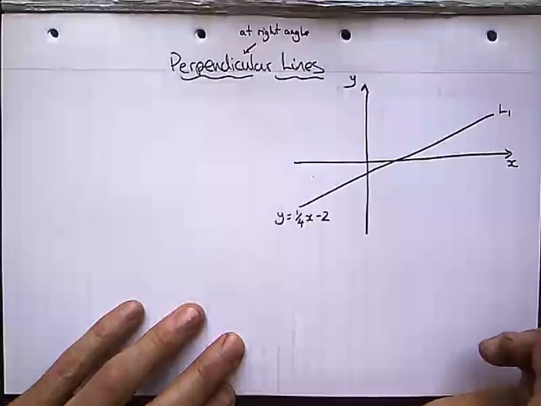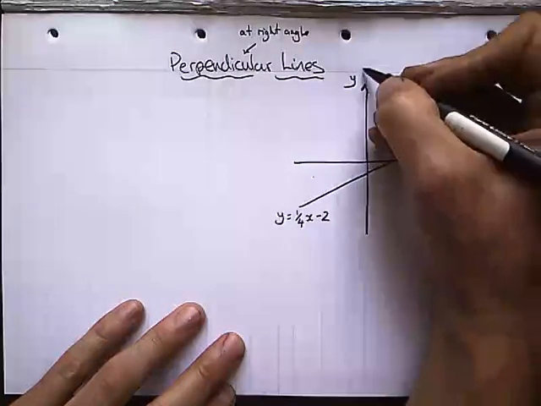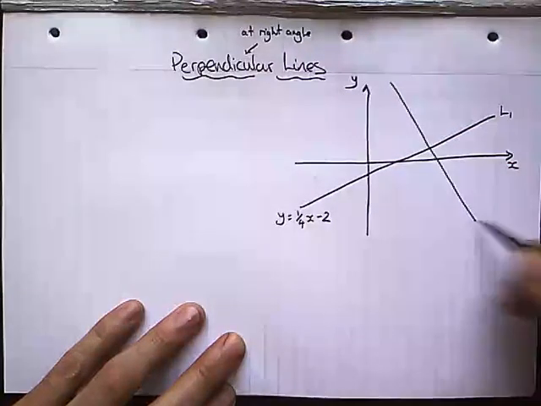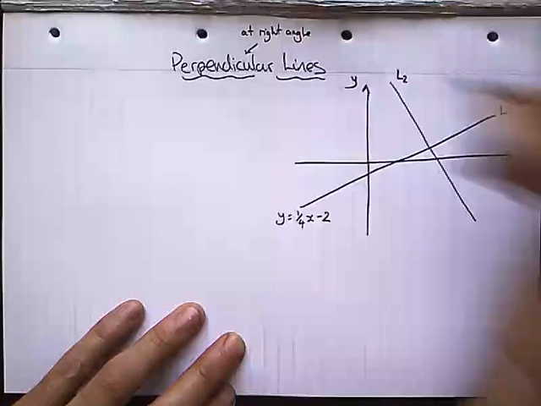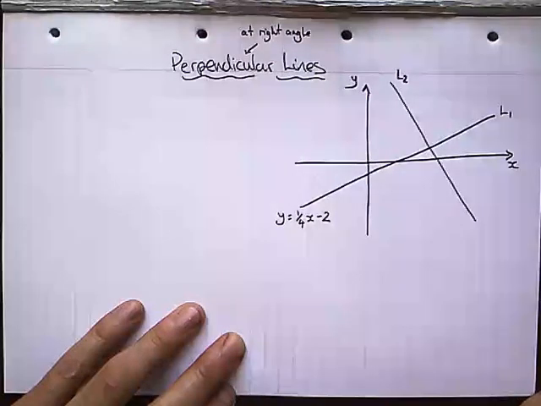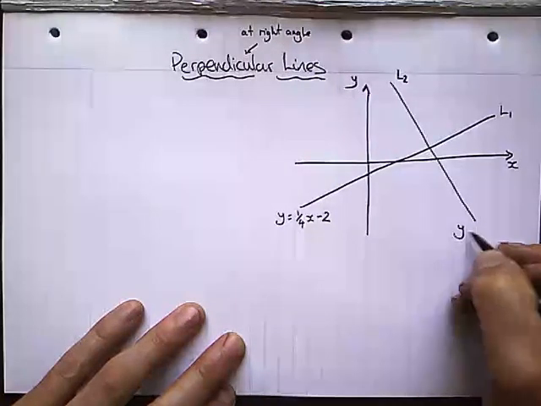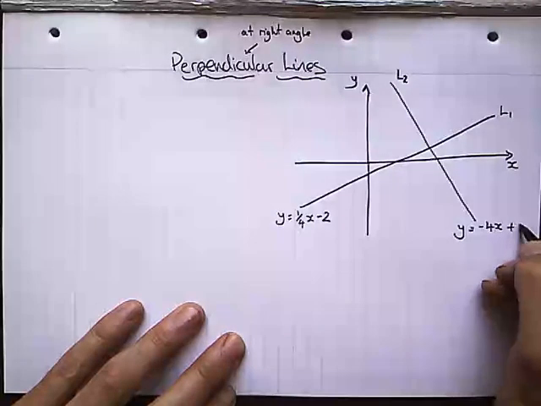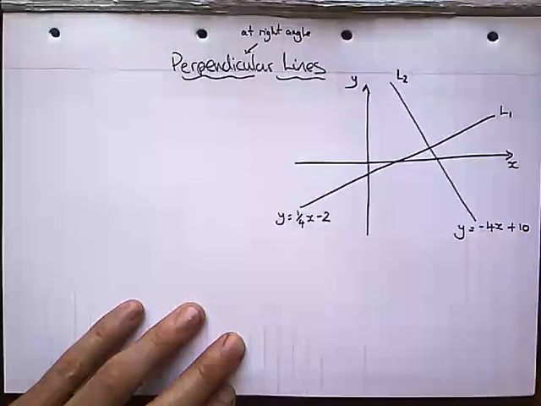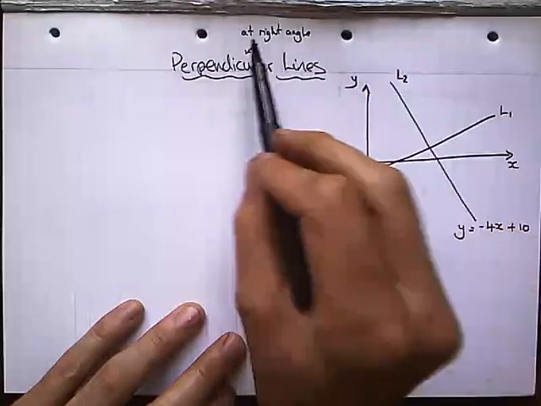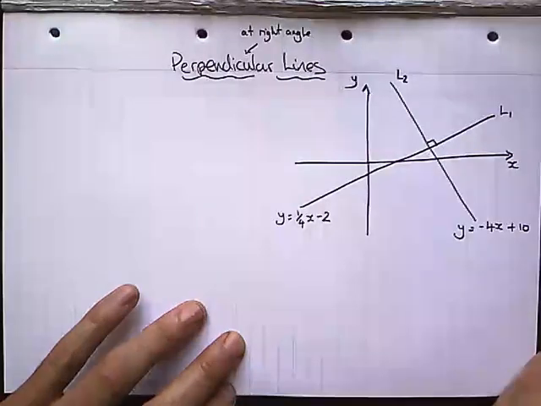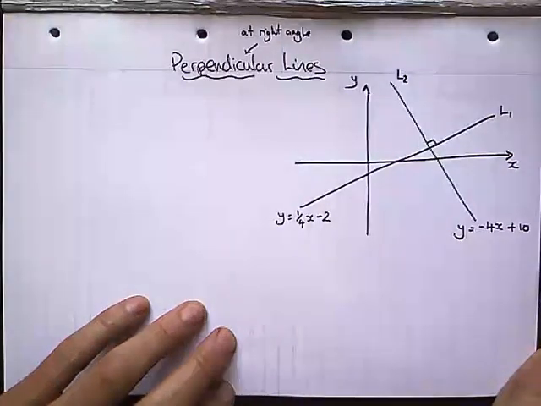And then I've got another line that comes down here. We're going to call this one line 2, L2. And let's give this equation y equals -4x plus 10. Okay, so perpendicular means at a right angle. So these two lines are perpendicular. They're telling you that bit of information.